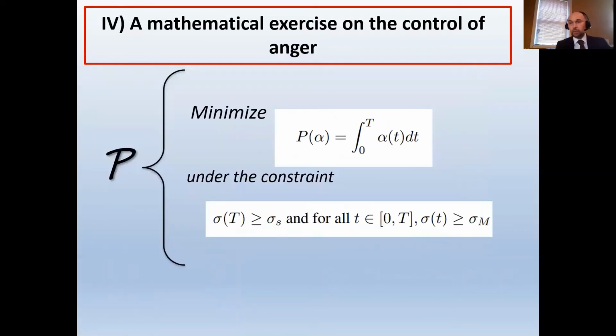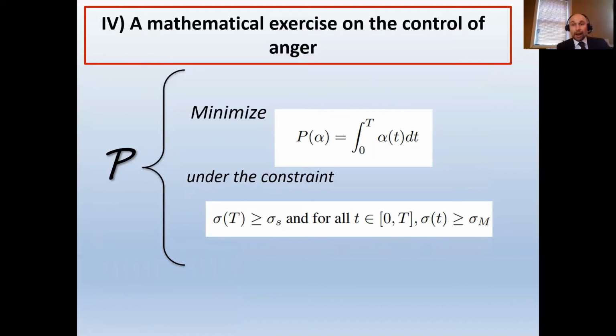Okay, and this is the problem. It's a problem of control, a simple problem of control, but which is meaningful. I want to minimize my effort. So my alpha is the energy that I put in control.